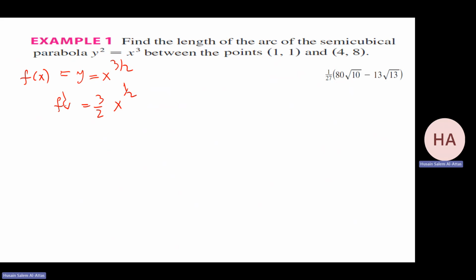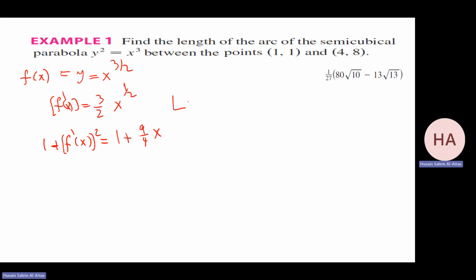So 1 plus f prime squared. Let me do it right away to save time. It will be 1 plus 9 over 4 x. That's it.